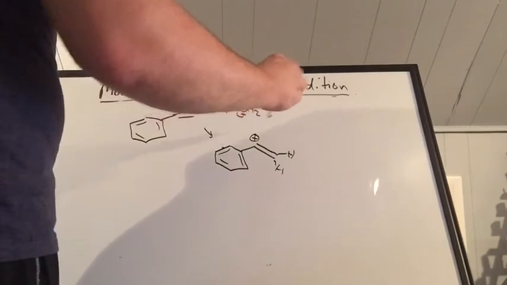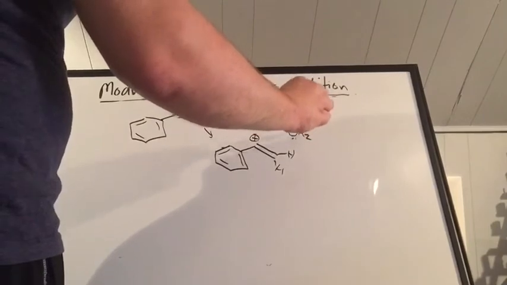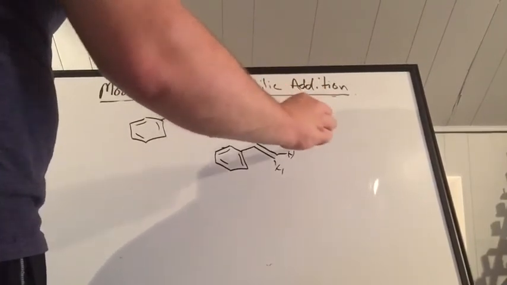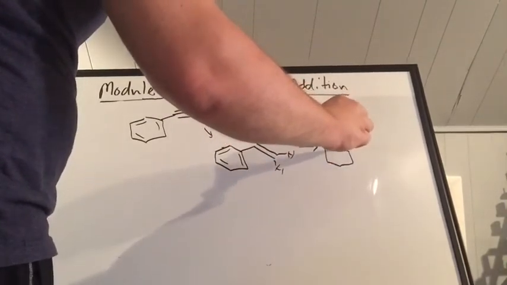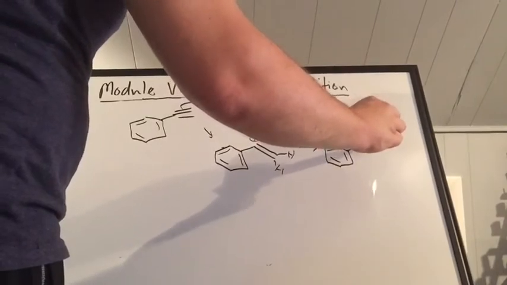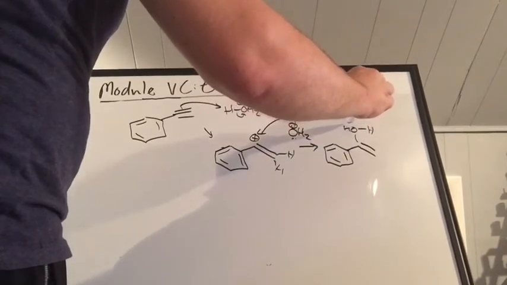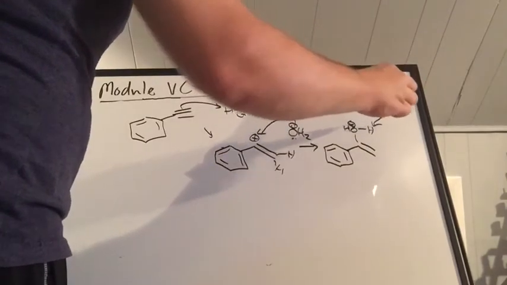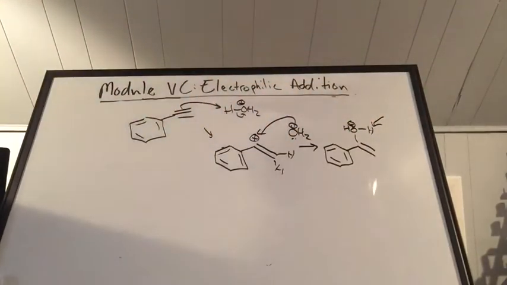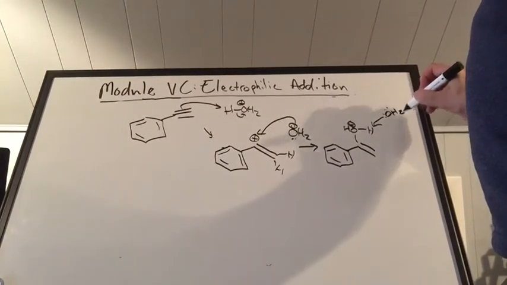So if we have that water now, which can coordinate. We're going to have the conjugate acid of an enol. This gets picked up by another water.